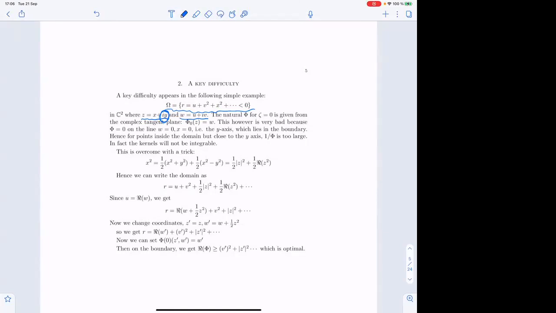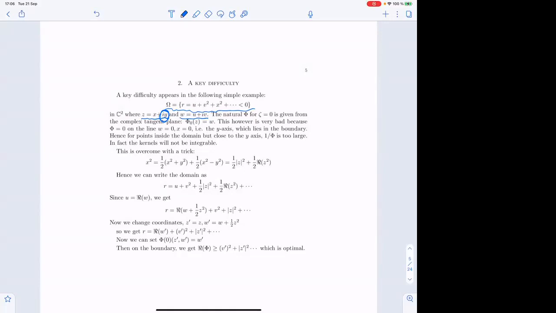That is the key difficulty, that y is not present. The natural phi for zeta equals 0 in the origin is the complex tangent plane, which is given by w equals 0.